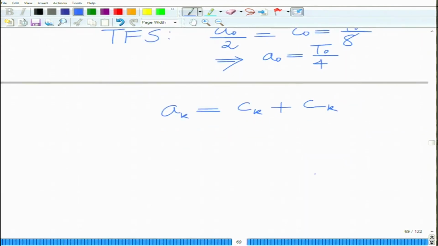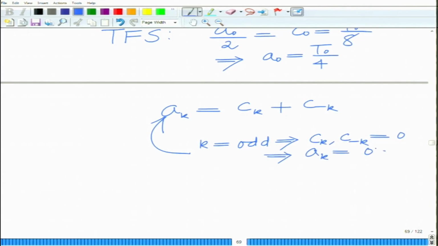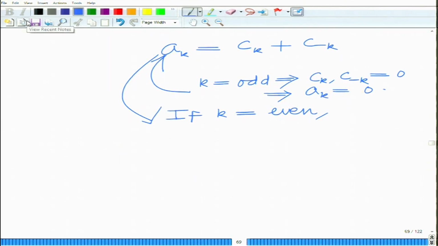Of course, if k is even, C k and C minus k are 0, which implies A k equals 0.